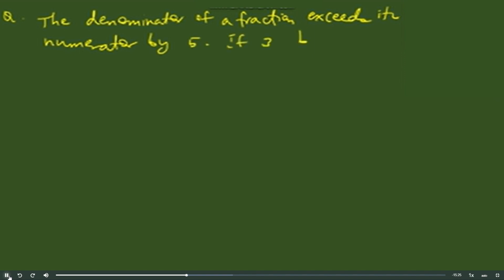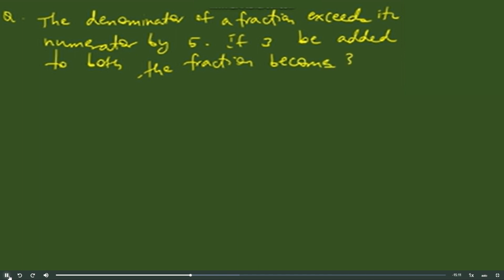If 3 be added to both, the fraction becomes 3/4. Find the fraction. The denominator of a fraction exceeds the numerator by 5. If 3 be added to both, the fraction becomes 3/4. Find the fraction.